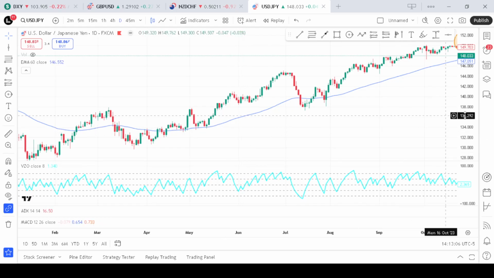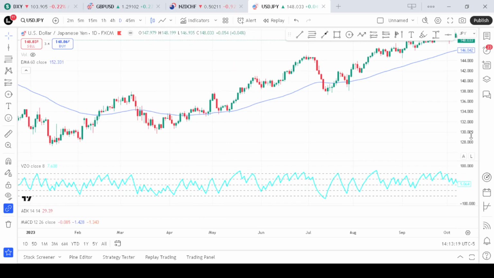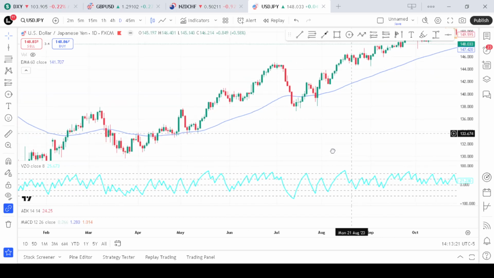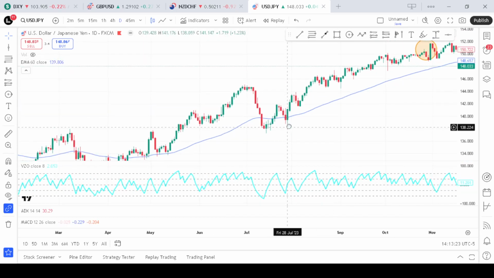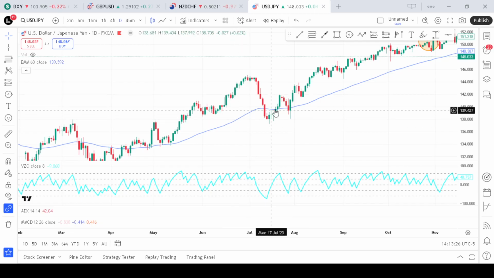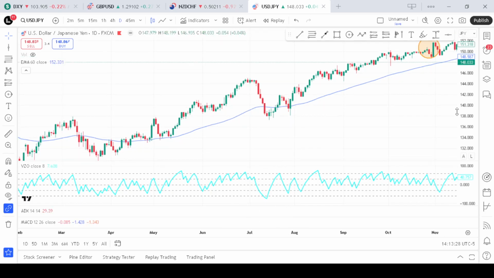Now, the first way we can use it is by trading with the trend. One of the most effective ways to use the VZO is by trading in the direction of the trend. To do this, you would need two additional tools, which are the 60 period exponential moving average, to identify the trend direction, and the 14 period average directional index, which is the ADX.